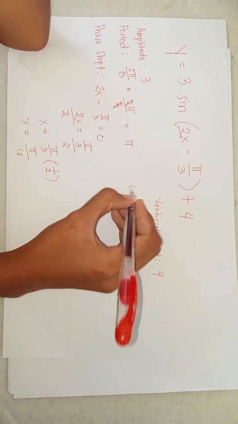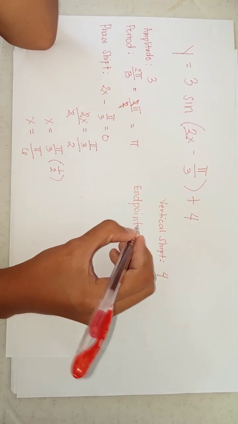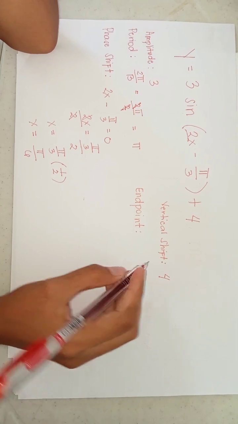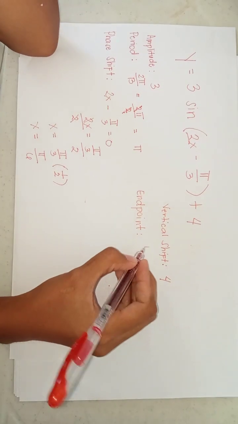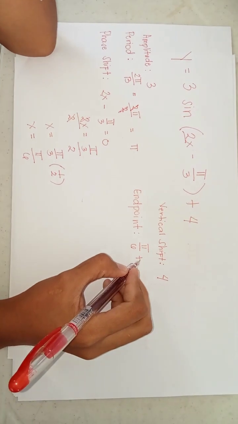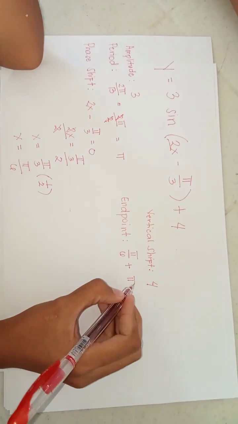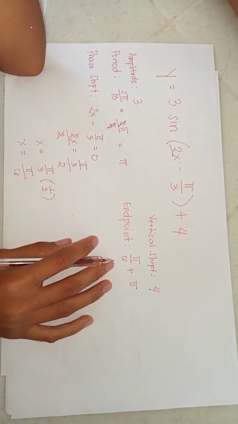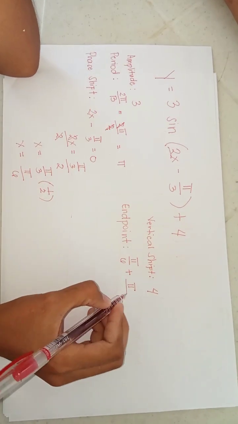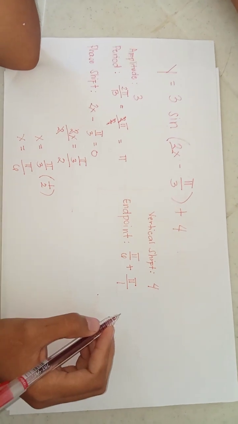In getting the endpoint, we can just add the phase shift, which is pi over 6, and the period, which is pi. To solve this equation, we can put over 1 in the pi as the denominator. And now we can see that this equation has similar fractions.